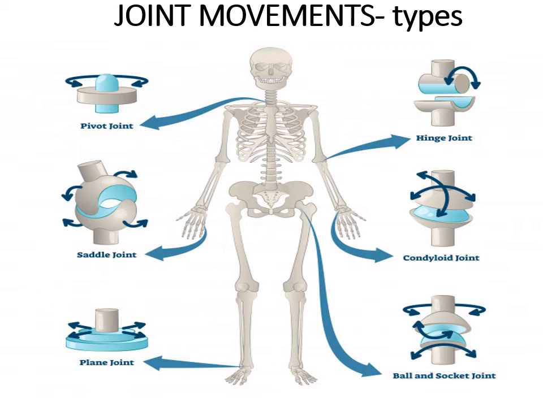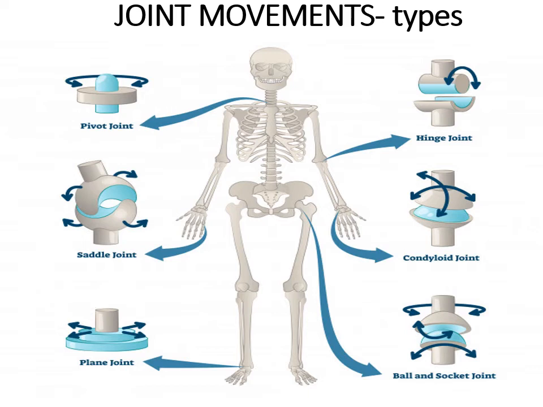Different areas of the body have been made with different types of joints, allowing them to have certain mobility. That's pretty amazing, that there are all these different joint movements depending on which part of the body we're talking about.